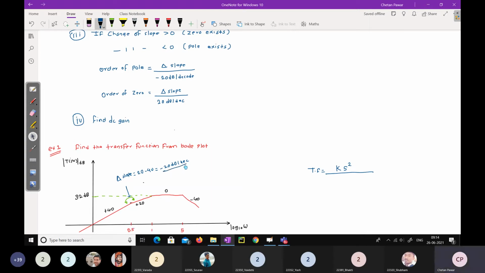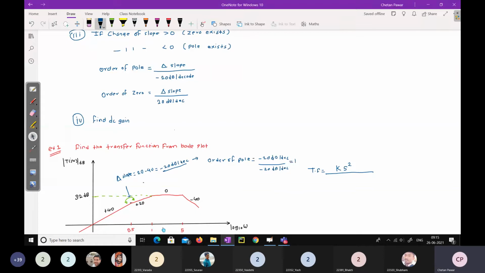Slope is negative, so definitely there exists a pole, right? If the change of slope is less than zero, there exists a pole. And what is the order of the pole? Minus 20 dB per decade divided by minus 20 dB per decade, so the order of the pole will be 1.